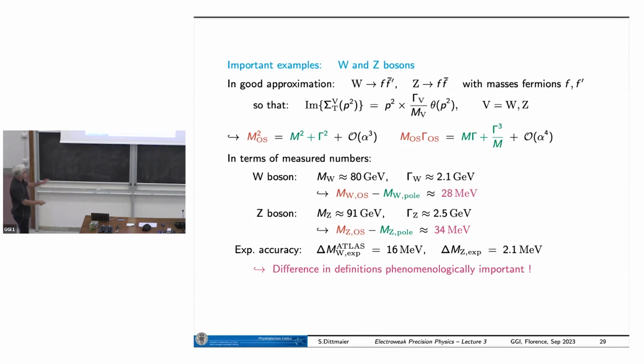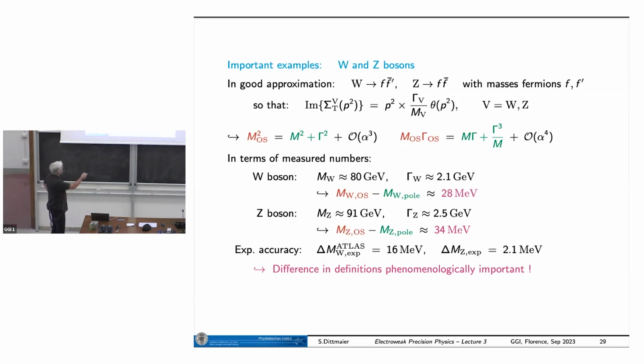So if you just insert these numbers, what you find is that the on-shell mass and this complex pole mass differ by a two-loop contribution that goes with gamma squared. And the width, similarly, goes with gamma to the power 3, because you basically have one gamma factor in the whole quantity. So at the two-loop level, there are these differences, and you can plug in numbers.